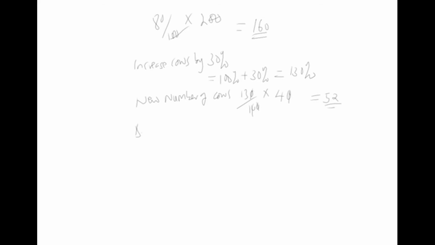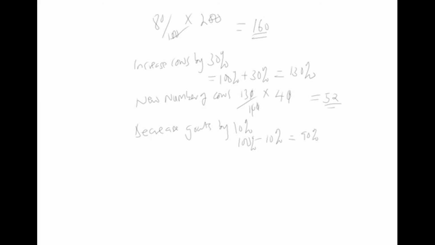Then we decrease goats by 10%. So we have 100, we subtract 10%, we get 90%.